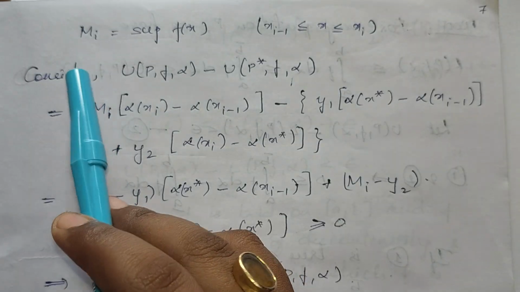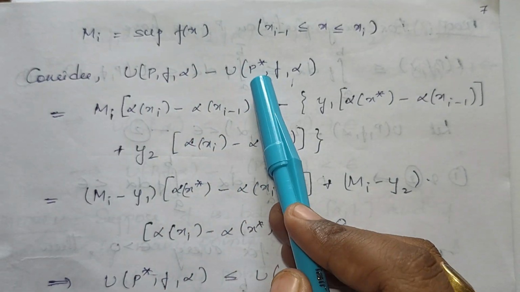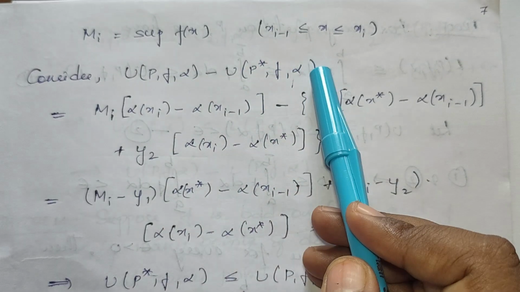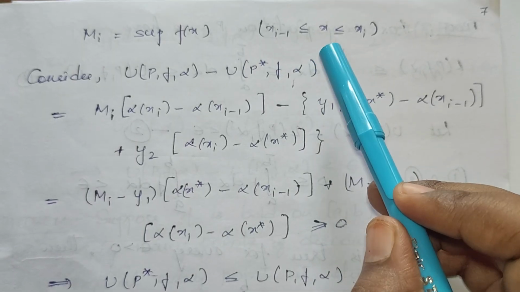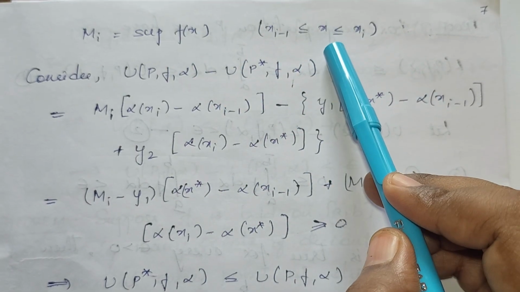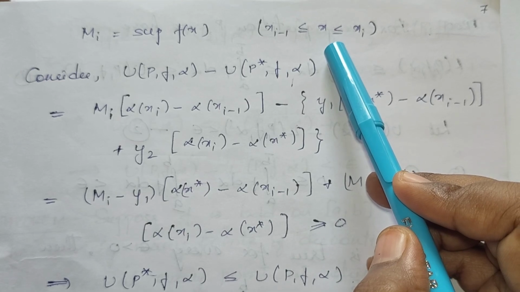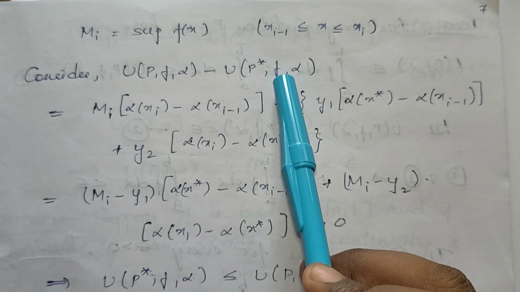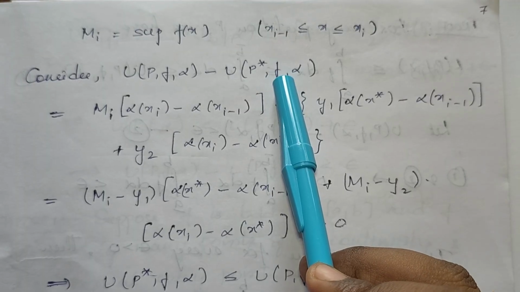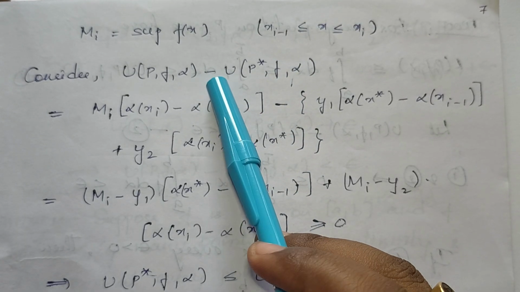Okay, now consider u of p comma f comma alpha minus u of p star comma f comma alpha. Why? Because we'll show that this is greater than 0. If I prove that this term is greater than 0, then I have proved that u of p star comma f comma alpha is less than or equal to u of p comma f comma alpha. Okay, so now I'll consider this, and similarly as we did in L of p star minus L of p, we'll continue the same thing.